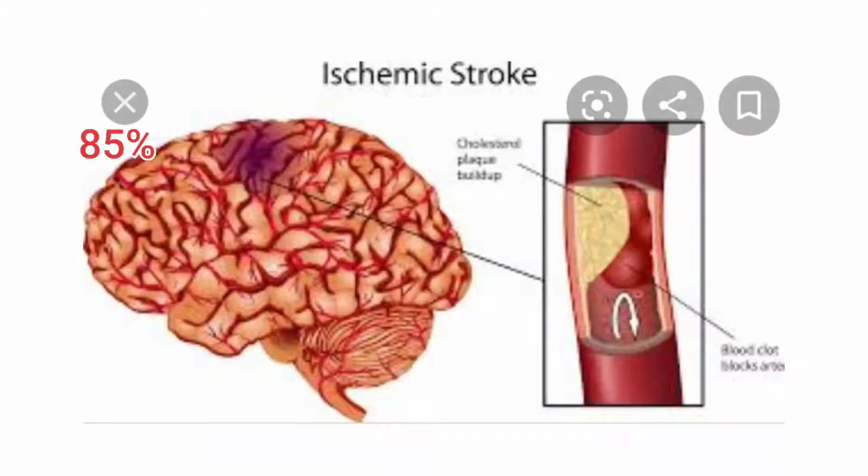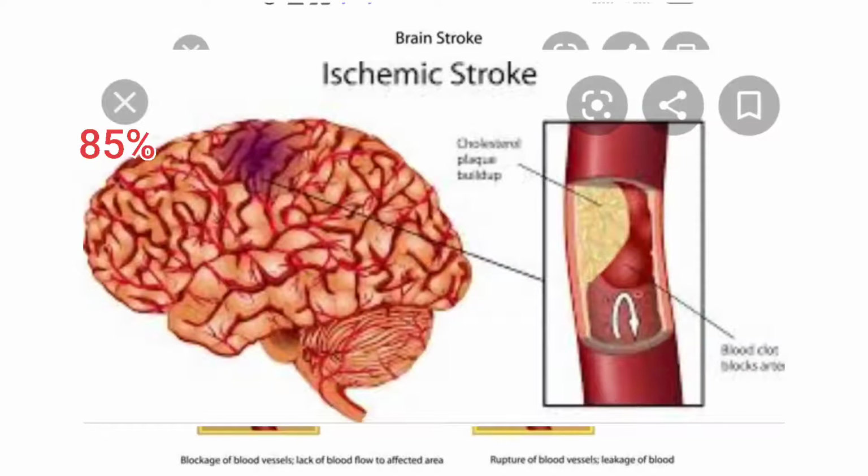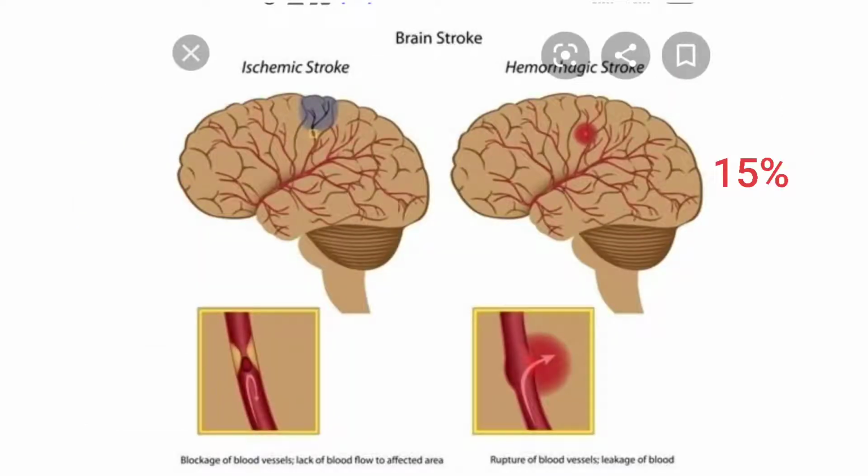So in ischemic stroke, there is vascular occlusion and significant hypoperfusion occurs. The second one is hemorrhagic stroke, which takes 15%. Hemorrhage means a heavy discharge of blood from the blood vessel.